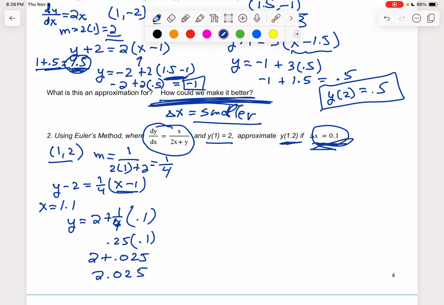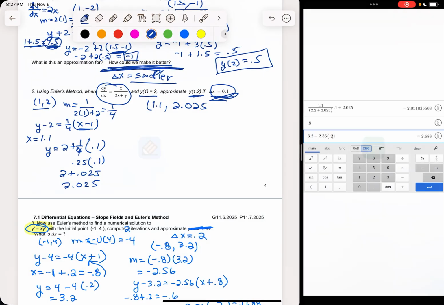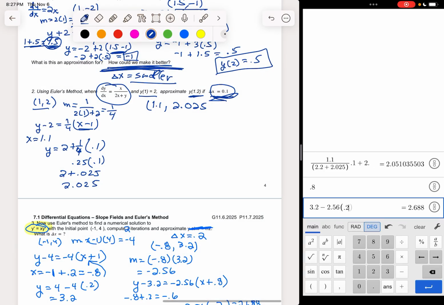You could certainly have done that with a calculator, and that's fine, because for the second iteration we're going to have to use it. So our new point is at 1.1, comma 2.025. I'm going to bring my Desmos up and clear it all off. So we have our point.